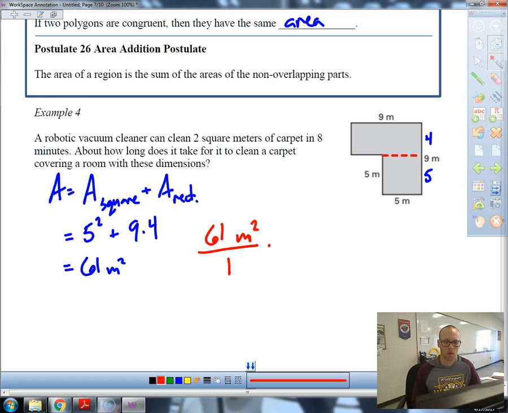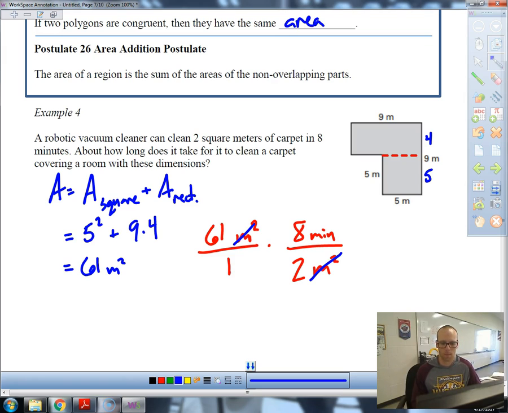I want my square meters to cancel out. I want my answer to be a time, in minutes. So I'm going to put my 8 minutes in the numerator and my 2 square meters in the denominator. When I do that, the square meters cancel out, and the only units left are minutes. So I can take 61 times 8 divided by 1 times 2.